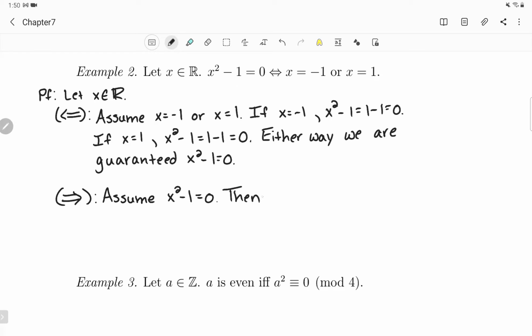Then let's factor it. x minus 1 times x plus 1 equals 0. So by example 1, so example 1 was what we just did. We just showed if two things multiply to 0, one of them has to be 0, right? So by example 1, x minus 1 equals 0, or x plus 1 equals 0.